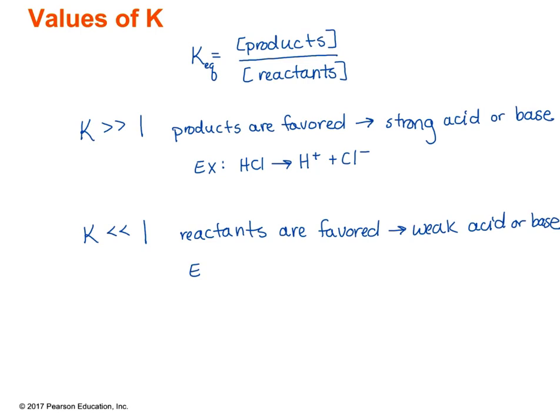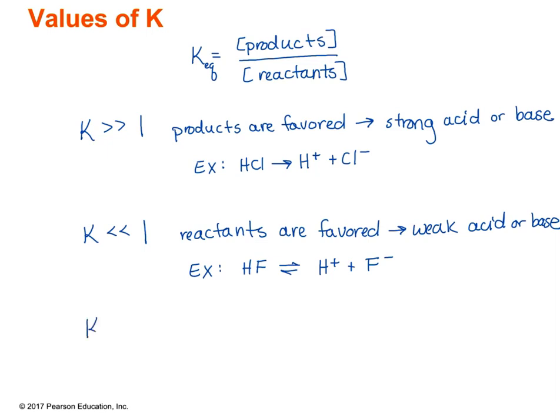An example here would be hydrofluoric acid. Hydrofluoric acid does not produce a lot of its ionic products. So we would have a larger concentration of reactants and a smaller concentration of products, and so the equilibrium constant would be much less than 1.